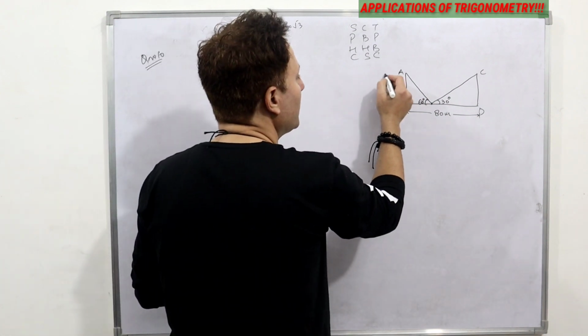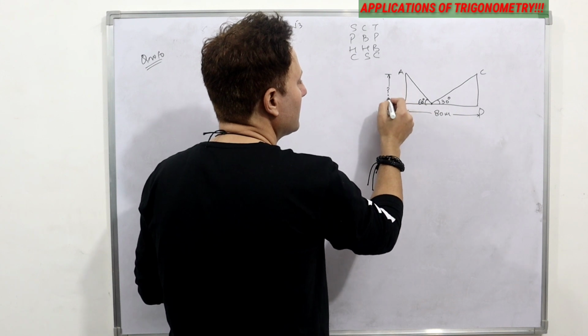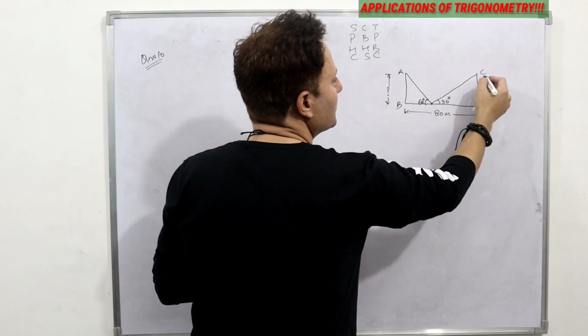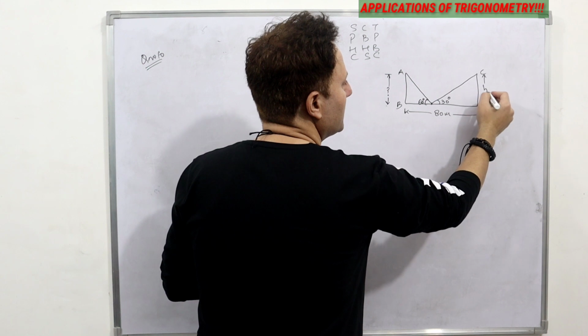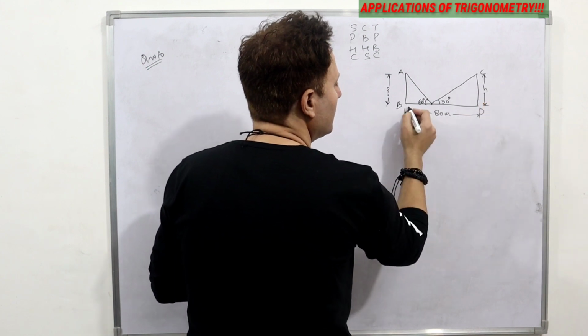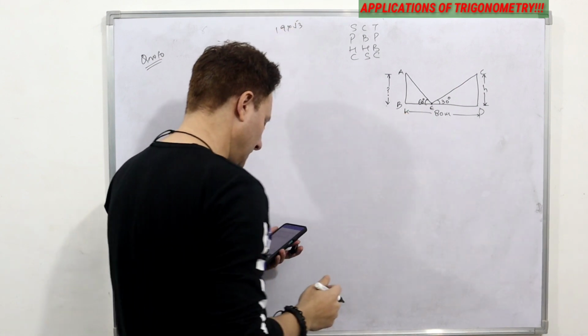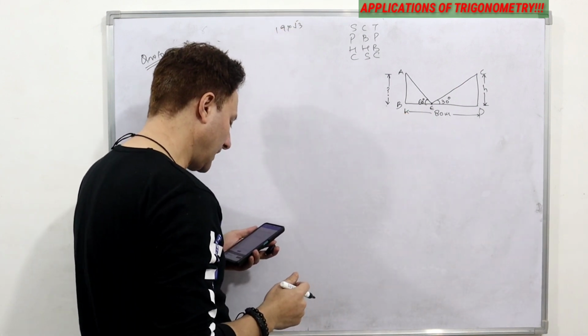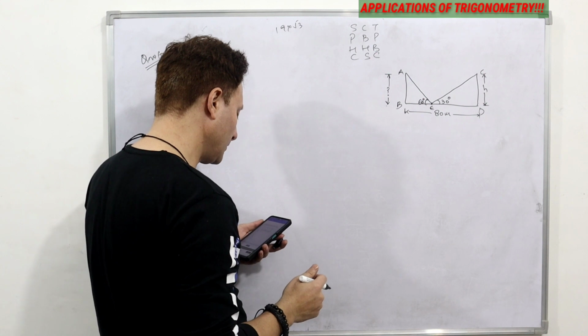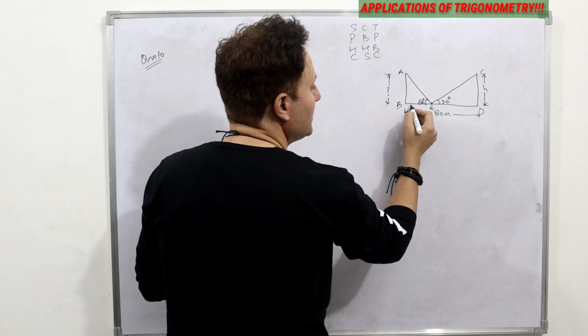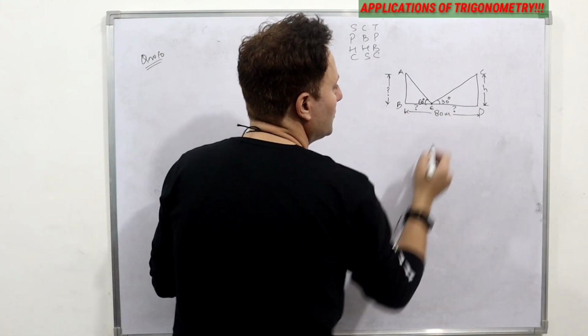So we need to find this. Obviously it will be same as this, so let's keep it h, and then let's put it E. So these things are also we need to find.